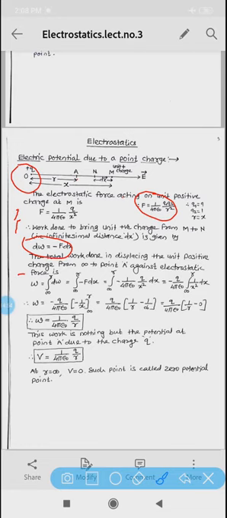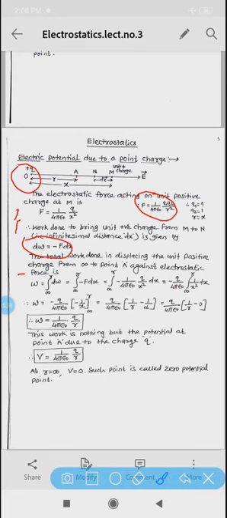So integration of minus 1 upon 4 pi epsilon 0 q upon x square into dx. As q is constant, 4 pi epsilon 0 is constant, so minus q upon 4 pi epsilon 0 is constant and integration of 1 upon x square dx. So W is equal to minus q upon 4 pi epsilon 0 in bracket. Now integration of 1 upon x square with respect to dx is minus 1 upon x.